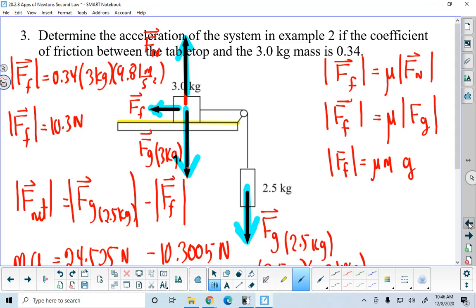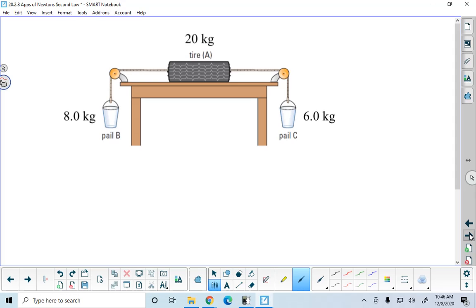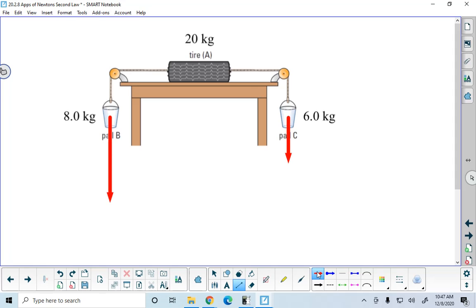If we take a look at the first question in the assignment, if this thing rotates, common sense says it will rotate in this direction because the 8 kilogram pail is more massive than the 6 kilogram pail. Well, what you're talking about doing here then is saying that you have an applied force down, an applied force down.